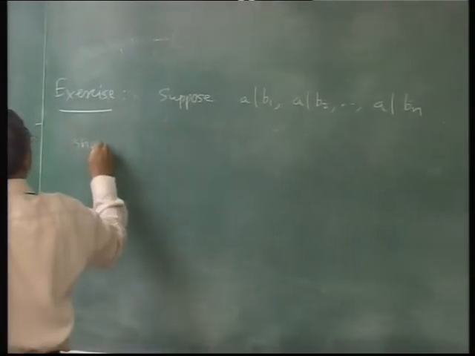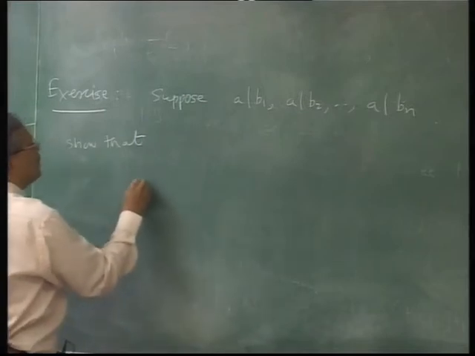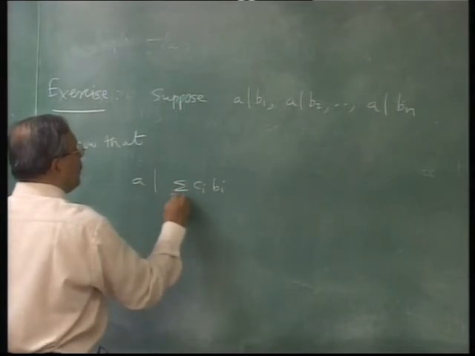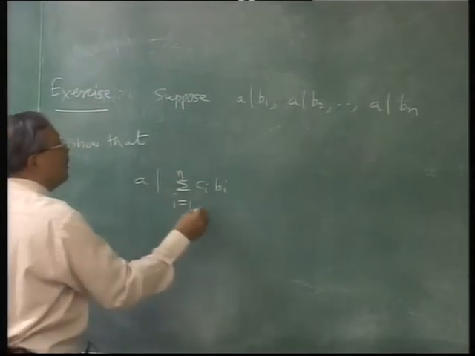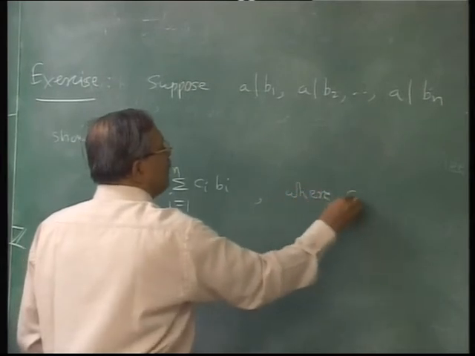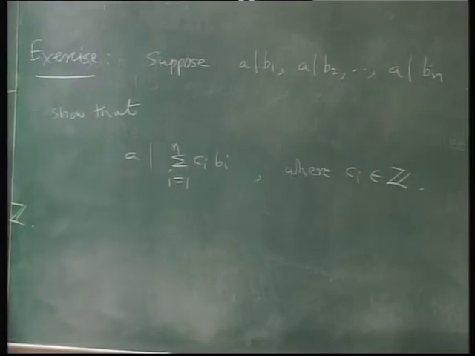Then a divides the summation of ci bi, i equal to 1 to n, where ci are integers. Okay. Proof is again similar.